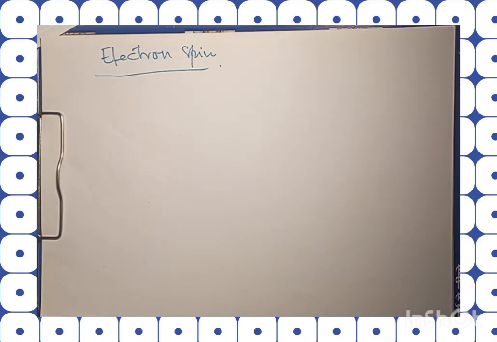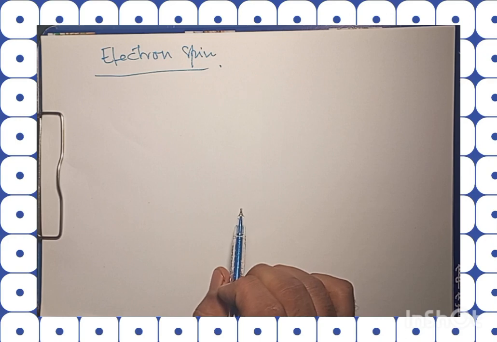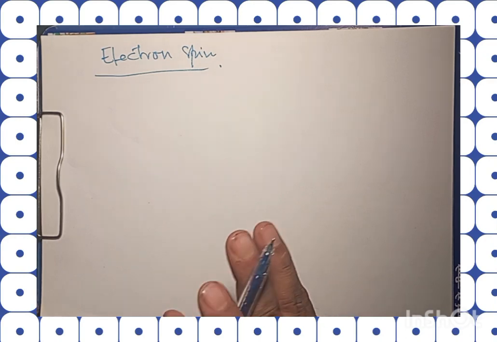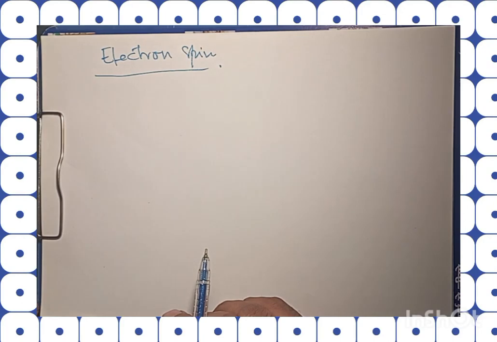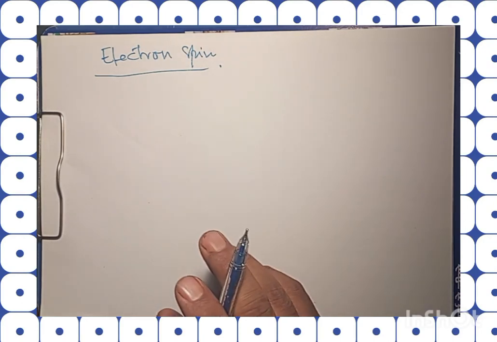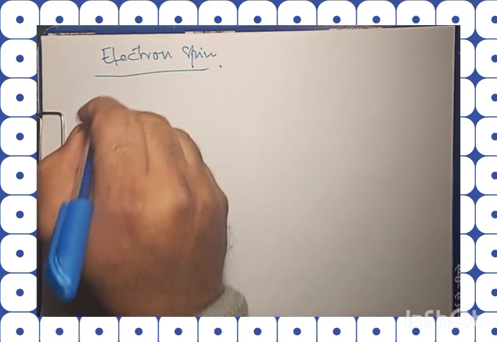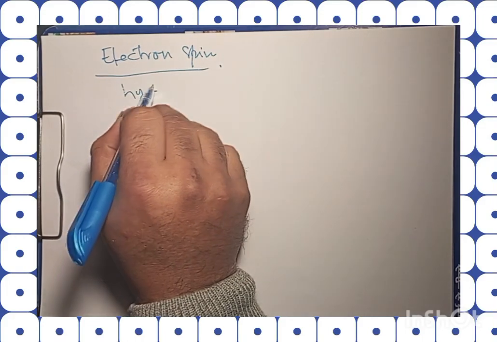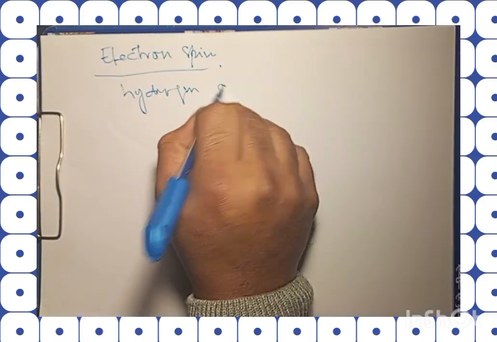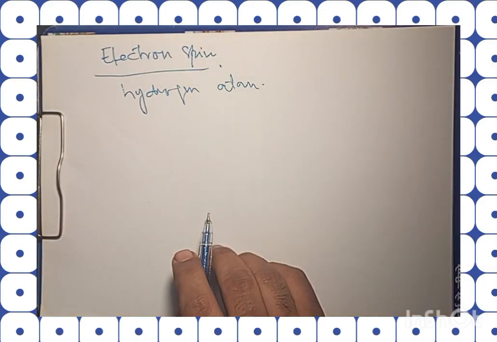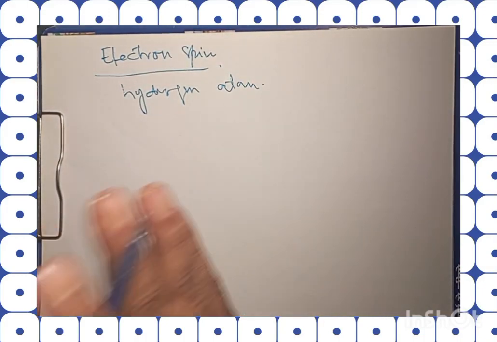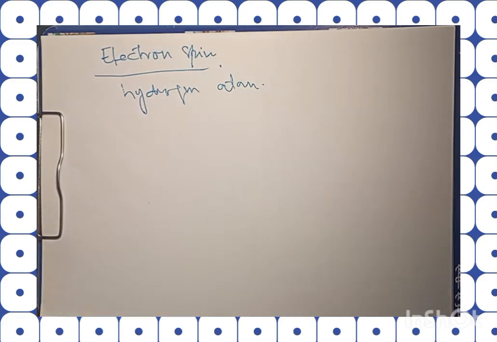And what I want to talk about in this video is to introduce you to the concept of electron spin. If we talk about quantum mechanics, it certainly does explain the properties of the hydrogen atom, and that too in a very straightforward, beautiful, and accurate way.